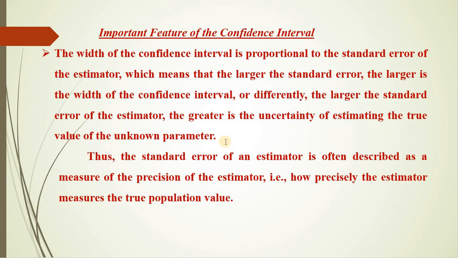So always for good precision, we need a small value of standard error. Thus, the standard error of an estimator is often described as a measure of the precision of the estimator. That is, how precisely the estimator measures the true population value.